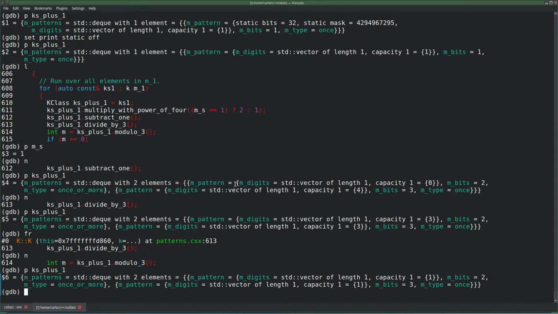Oh, my divide by 3 worked. Oh, that's right. I did implement it. Yep. So I divided this 3 by 3 becomes 1, and this 3 divided by 3 is 1. So now it is 0, 0, 1, followed by once or more 0, 1. And then 0, 1, 0, 1, 0, 1. So it's still good. But I cannot calculate the modulo 3 of that.